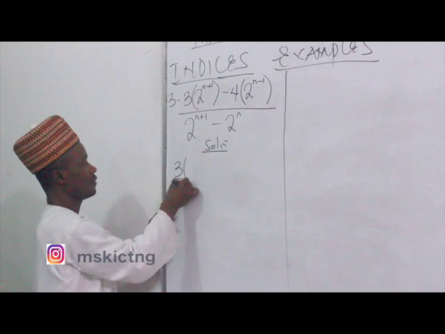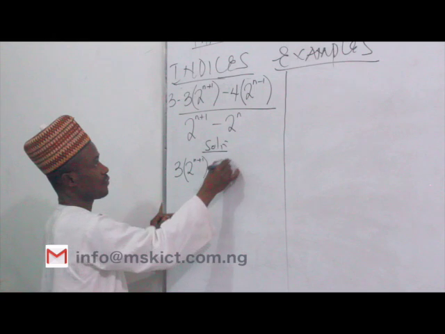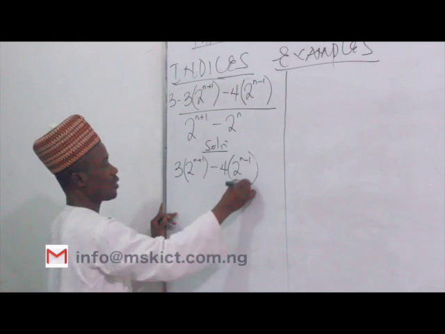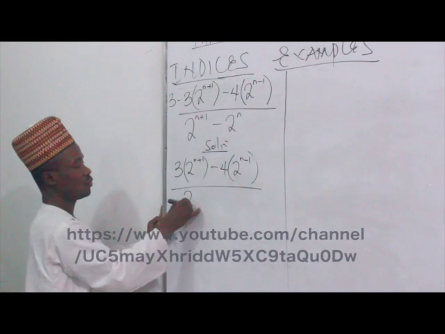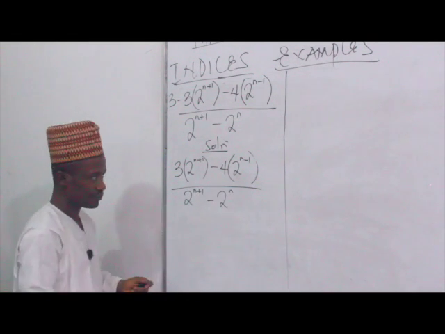3 raised to the power of 2n plus 1 minus 4 into 2 raised to the power of n minus 1, all divided by 2 raised to the power of n plus 1 minus 2 raised to the power of n.